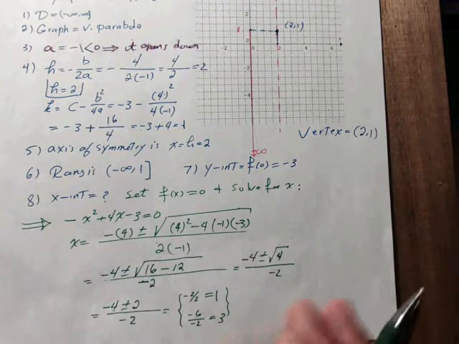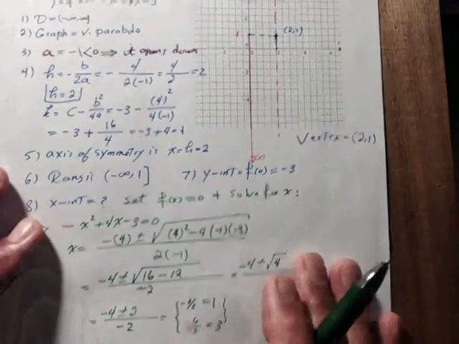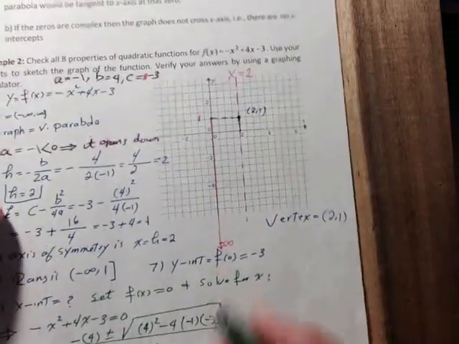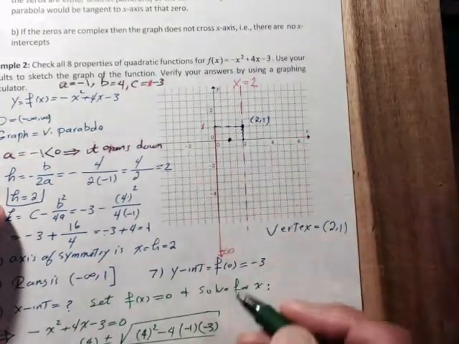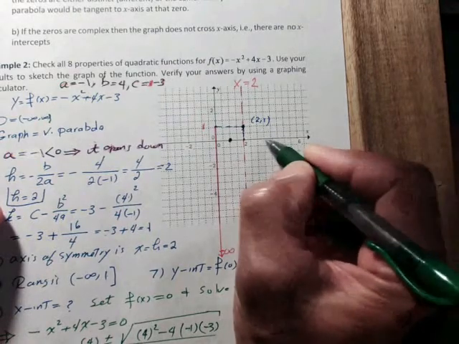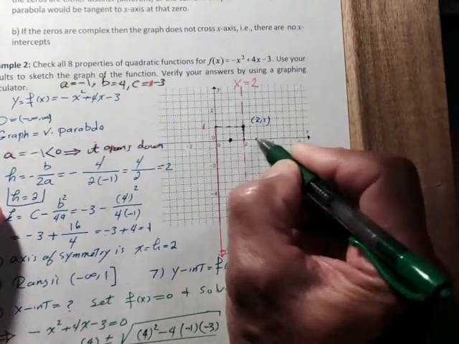So I have the x-intercepts, and all I do is put these on the x-axis. 1 is right here, and 3 is right here.